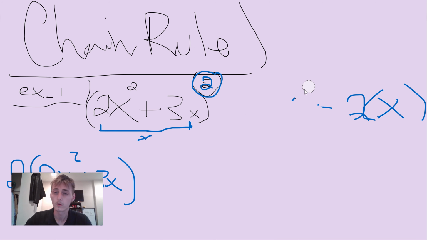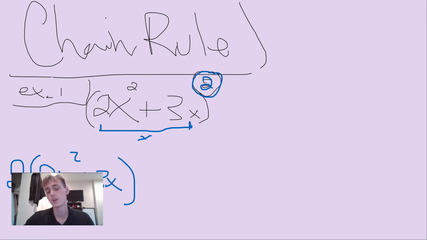Now, if you remember, the next step is to multiply. Sometimes you might get mixed up and you might want to use addition instead of multiplication, but you will need to use multiplication for the chain rule.